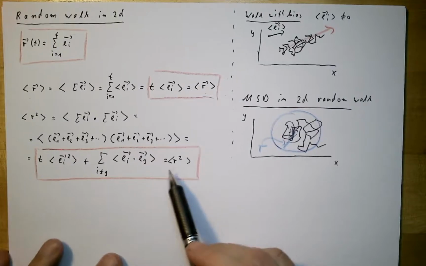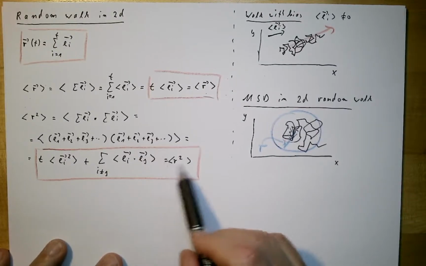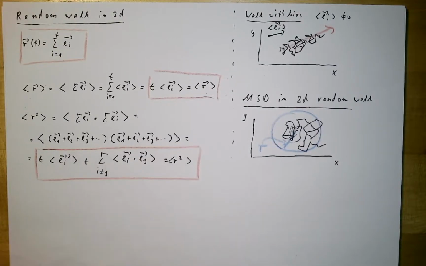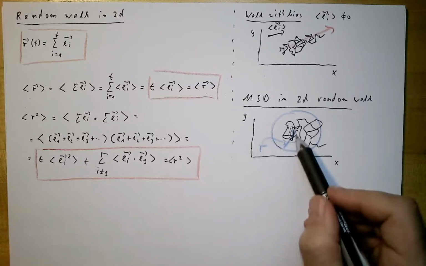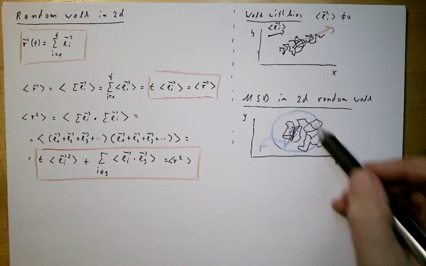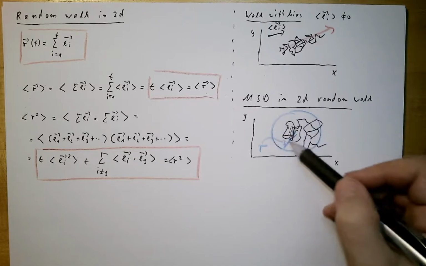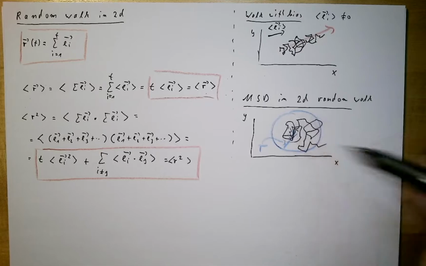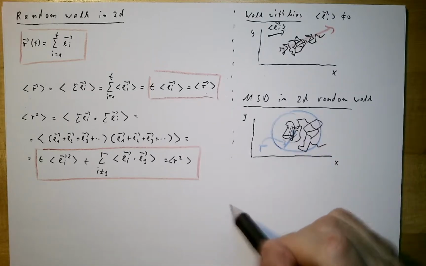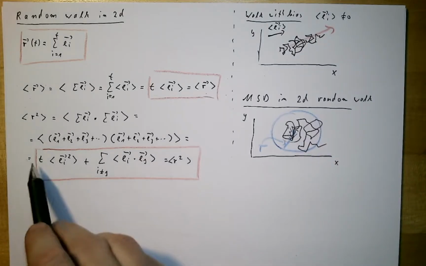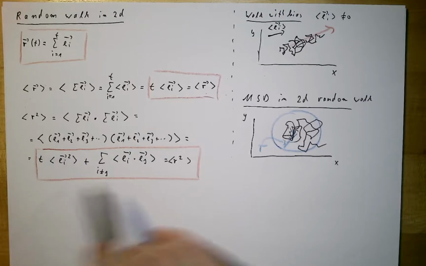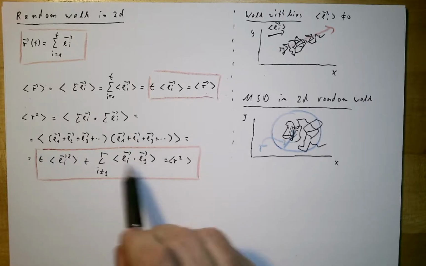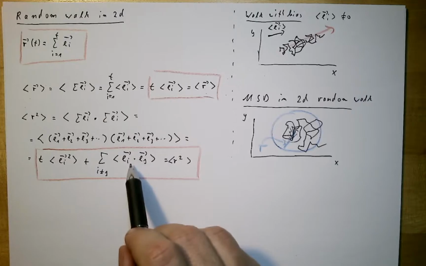So for the mean square displacement we need to take the square root of this. That gives us the typical size of the circle that the random walker will have crossed. And then we see this again goes with the square root of time, and it depends again on this autocovariance function.